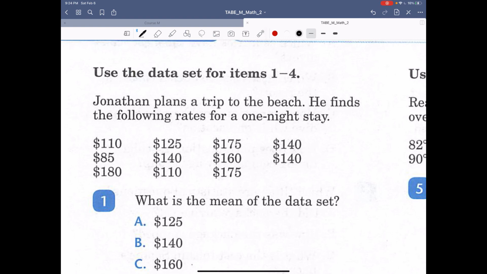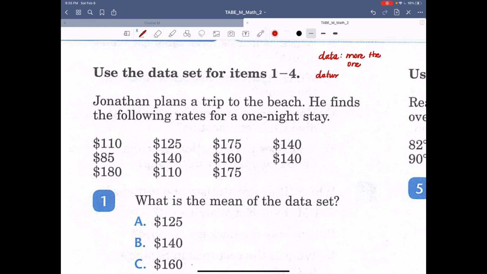And guys, let me remind you of something. Data is plural. Data is more than one. So you would say these are the data, not these is the data. These are the data. The singular is datum.